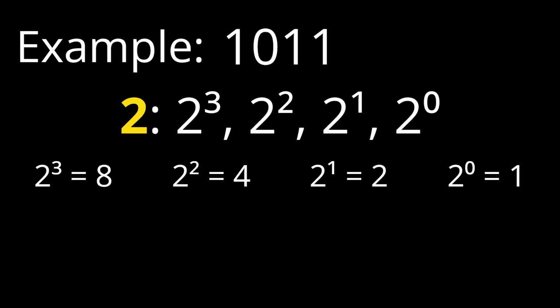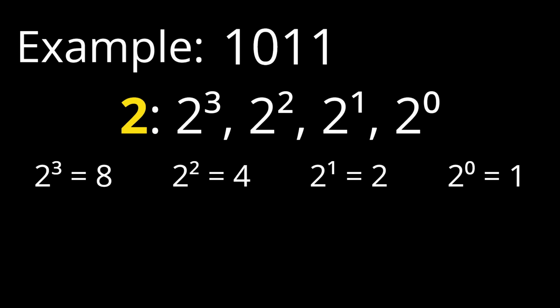But we always start with 2 to the 0 power, increasing to 2 to the first power, 2 to the second power, 2 to the third power. Now, knowing this, we need to calculate these powers.